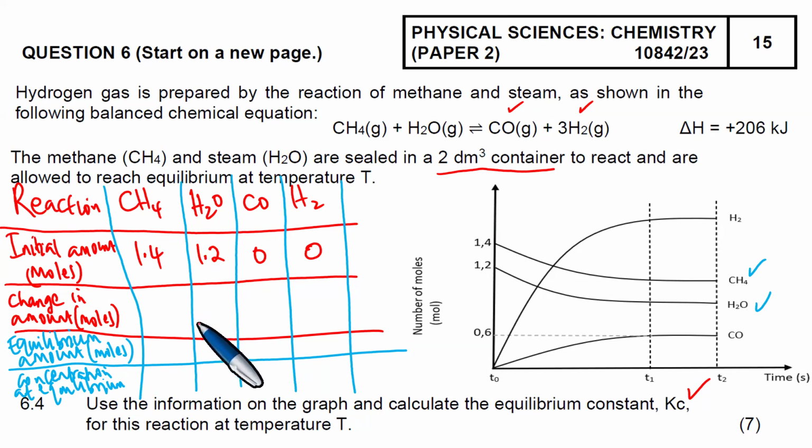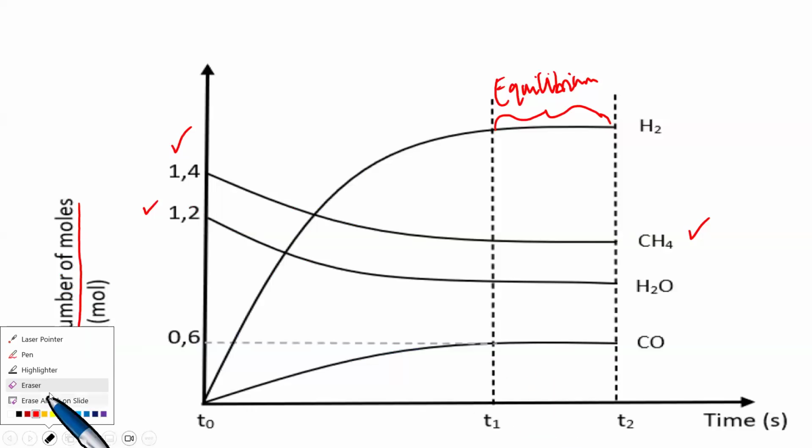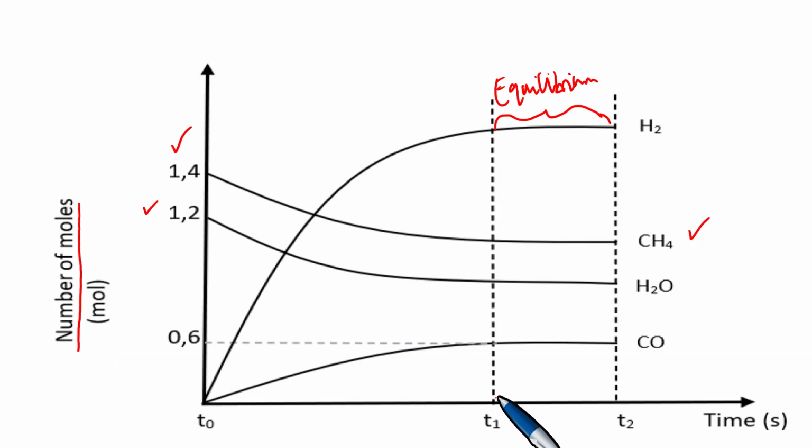Okay, we proceed. At equilibrium, we can see that in this part of the graph, we have what we call equilibrium. Equilibrium means, therefore, the number of moles doesn't change, and it is what we're seeing here.